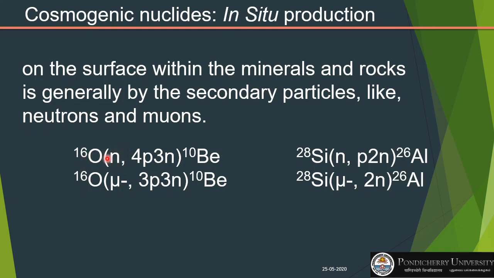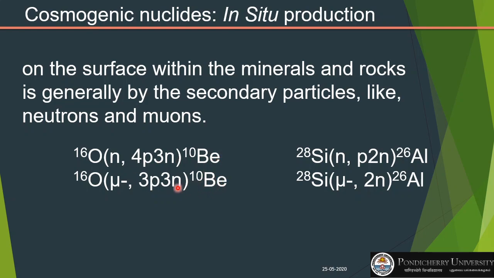This is an example of such a reaction. A secondary neutron causes a spallation reaction which ejects 4 protons and 3 neutrons from the oxygen nucleus, resulting in the nucleus of 10 beryllium, which is a radioactive nuclide.